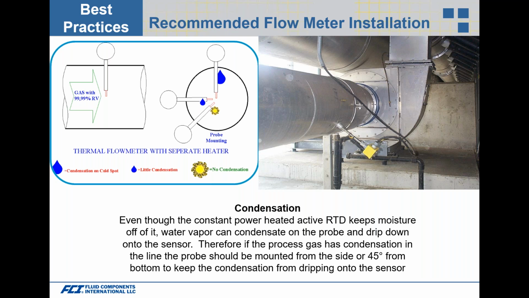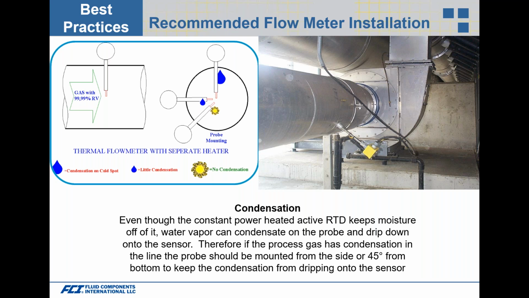The water droplets will run down the probe onto the active sensing element, and that will cause problems with accuracy. So if it's biogas and you have water vapor, that water vapor is going to collect on the probe and run down onto the active sensing element. Not a good best practice.